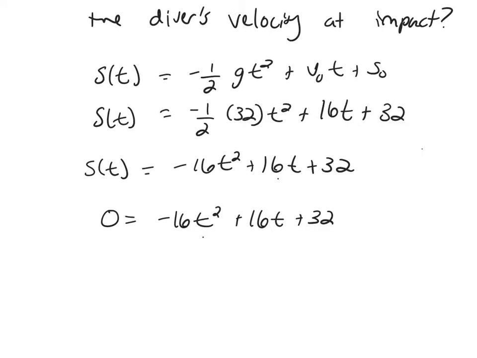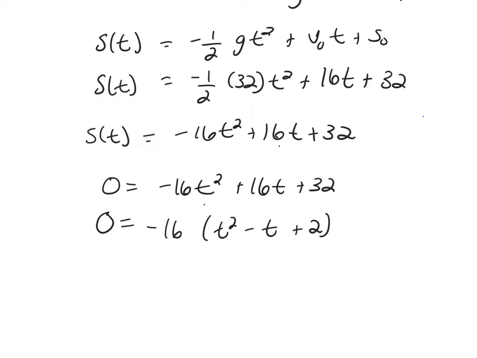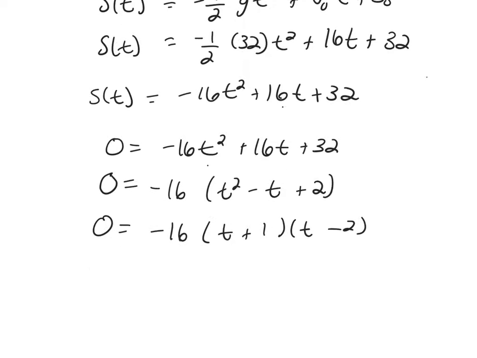You notice all of the coefficients are multiples of 16, so I'm going to pull out a negative 16. And now we need to factor what's left. This would be t, a 2 and a 1. So here I'm getting two solutions.